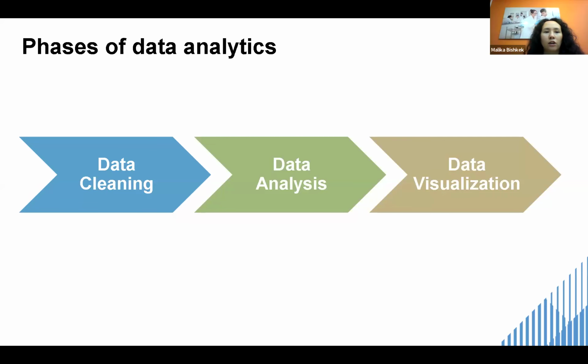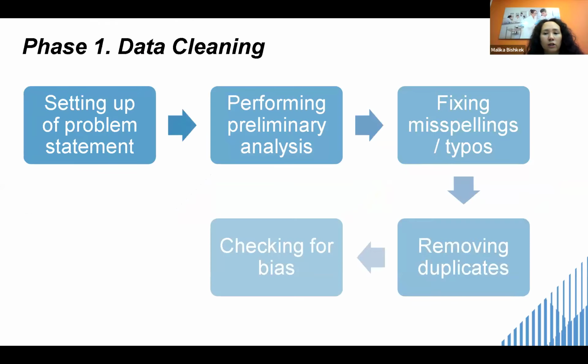Here are the 3 phases of data analytics. Before we start analyzing some data, we have to, first of all, clean this data. As we said, it's some kind of raw data, and that's why we have to clean it.